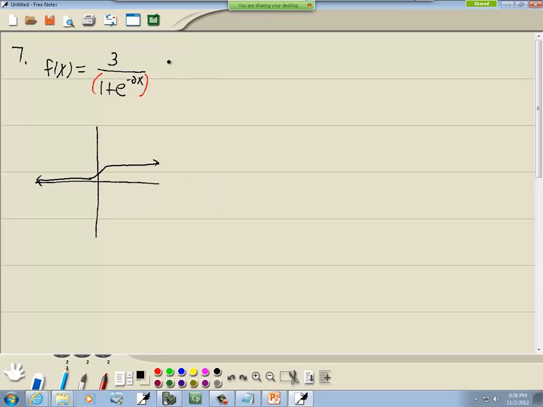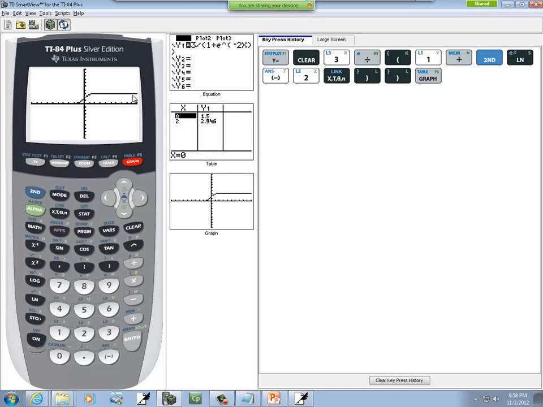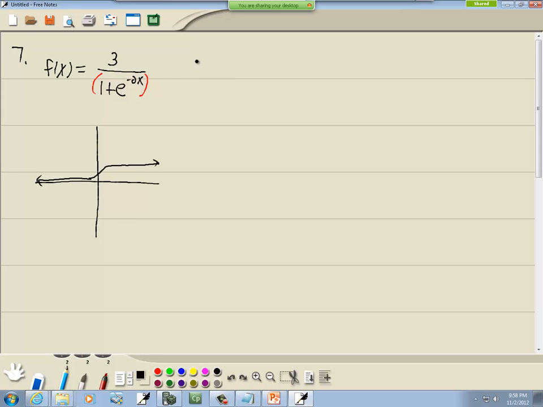Now, you can kind of look at it and see, but if I were to find the limit as x goes to positive infinity of this, well, this is the same as the limit as x goes to positive infinity of 3 over 1 plus 1 over e to the 2x.